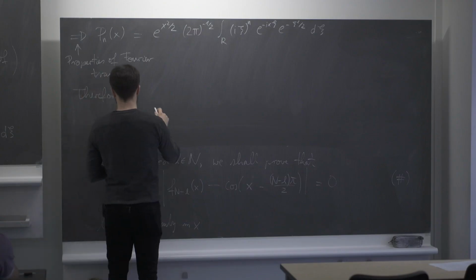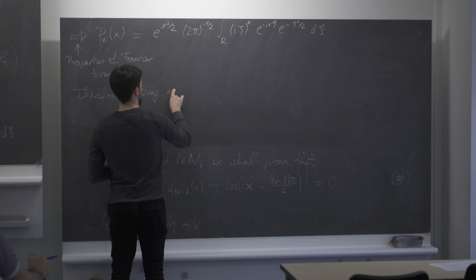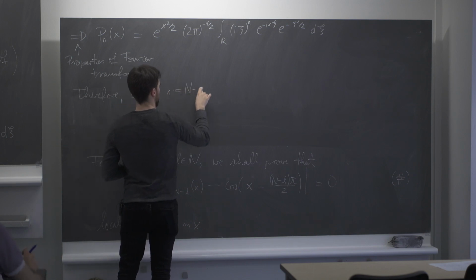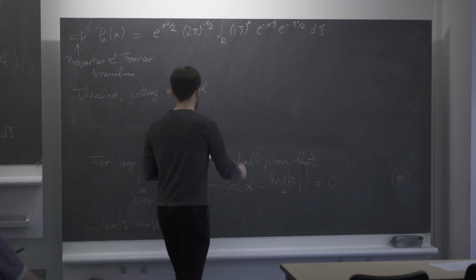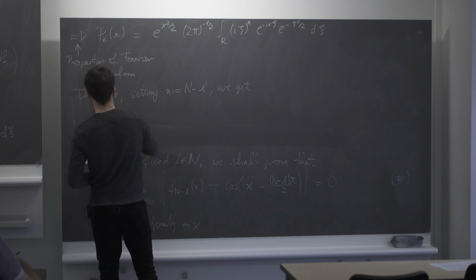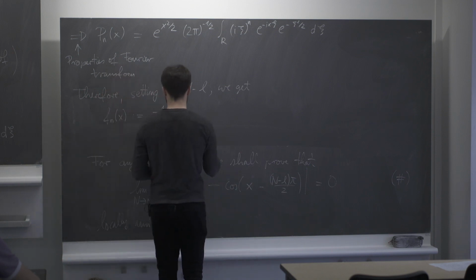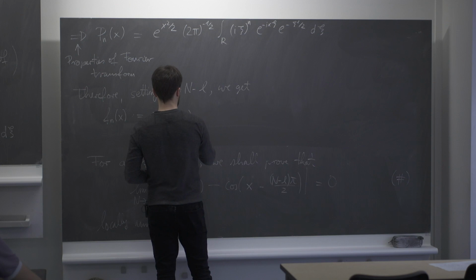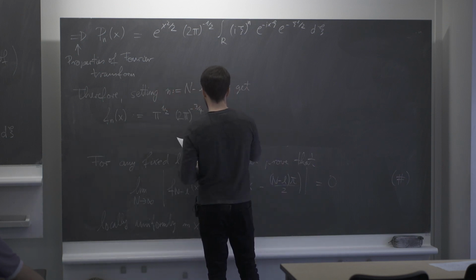Therefore, I choose now the little n to be this n minus L. And now we want to rewrite the definition of the Fn. So this is π^{1/2}, (2π) to the power minus 3/4.